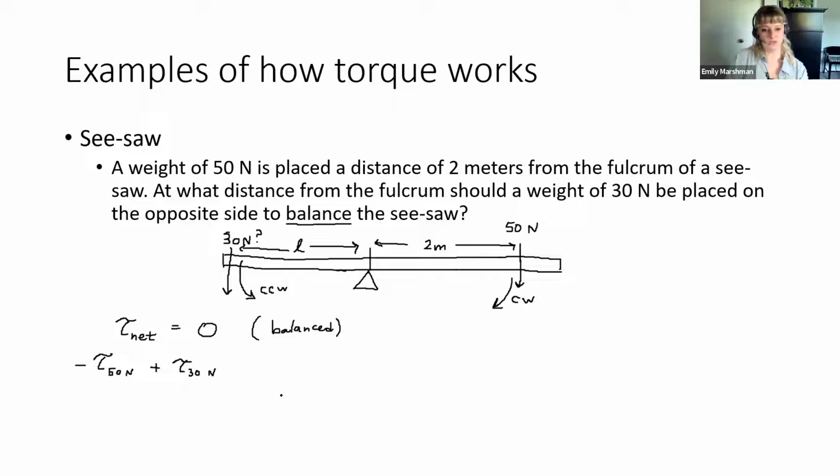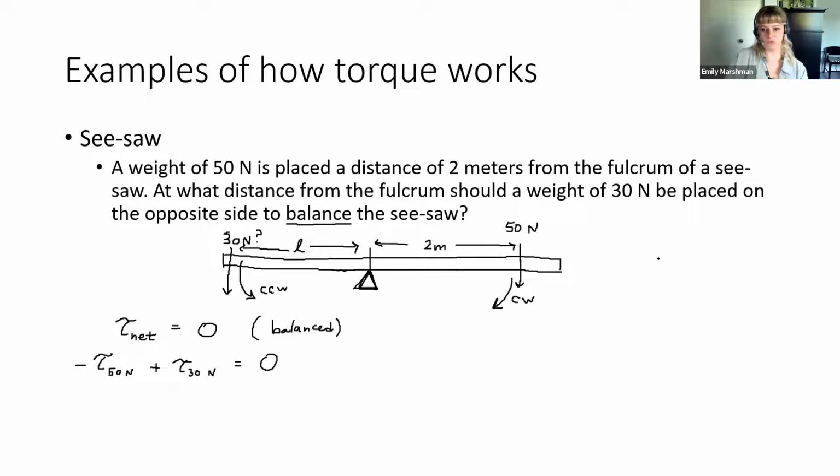Those are the only two forces that are causing a torque on the seesaw. The force from the fulcrum does not cause a torque because it's placed right in the center of the seesaw and there's no lever arm. So when I sum these up, they have to be equal to 0 because the seesaw is completely balanced.